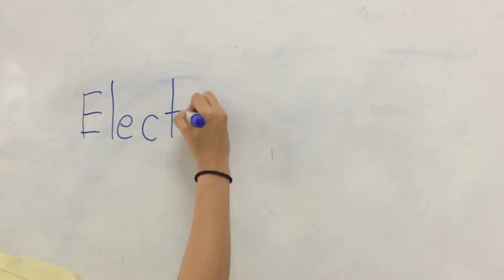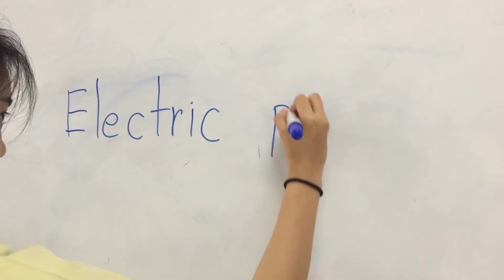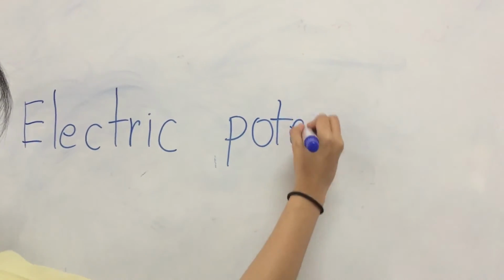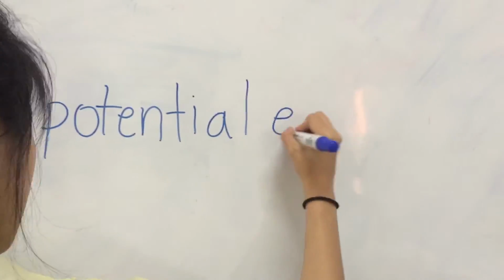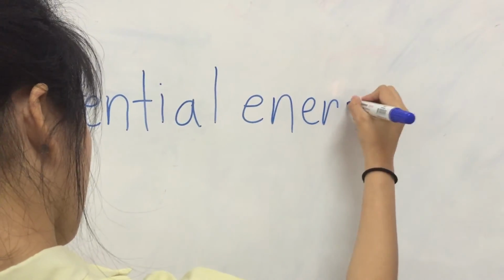Electric potential energy. Electric potential energy of a charge at a point in the electric field is defined as the work done on the charge by an external force in bringing it from infinity to the point in the electric field.